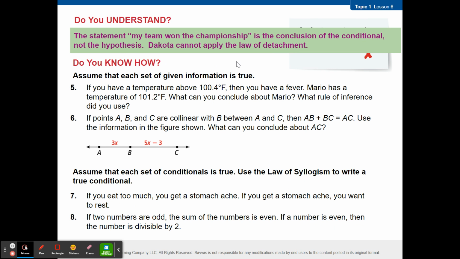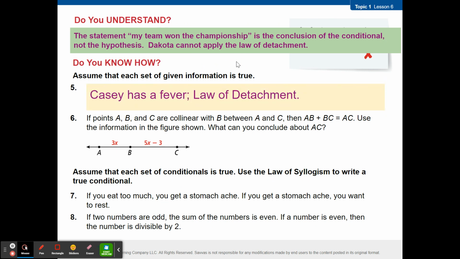Detachment or syllogism? Detachment. So if it's the law of detachment, what can we conclude about Mario? He has a fever. Yep. It says Casey in the book for some reason, but here it says Mario, so we'll just keep it Casey since that's the name in the book, right? I'll fix that.